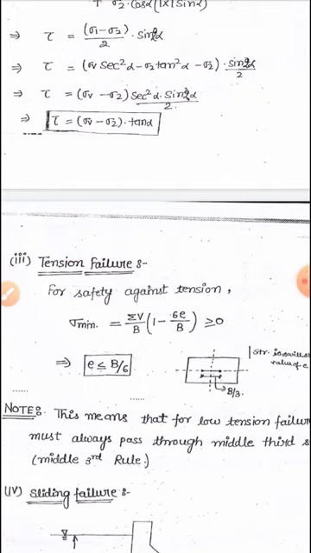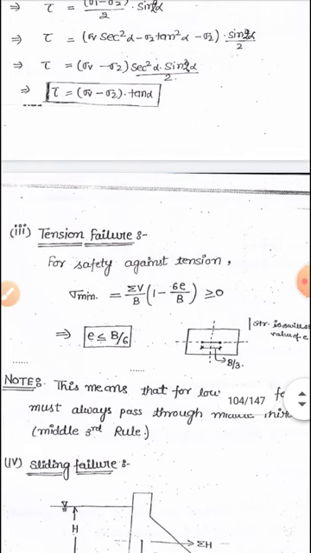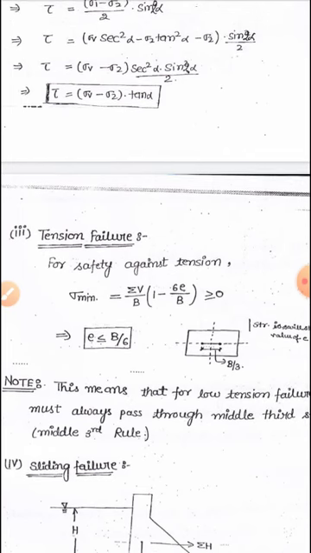In order to avoid tension, the sigma V minimum should be 0 or more, where sigma V minimum is equal to sigma V by B into 1 minus 6e by B, which is always greater than or equal to 0. Whenever we equate this expression to 0, we get a value of e less than or equal to B by 6, where B is the base width of the dam.